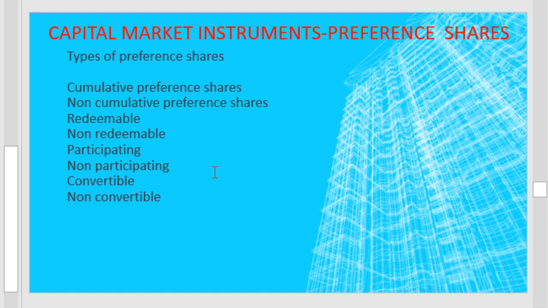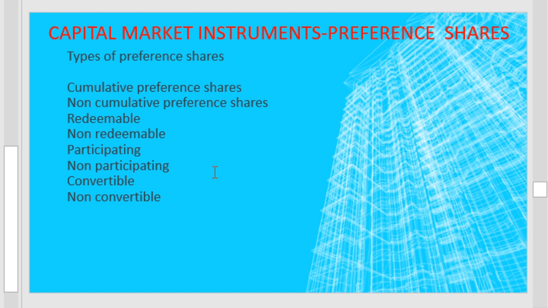The third one is redeemable preference shares. Preference shares which can be redeemed or repaid after the expiry of a fixed period are known as redeemable preference shares.